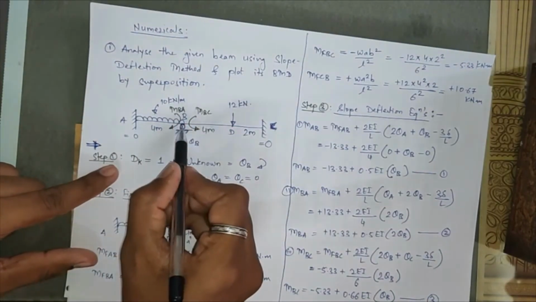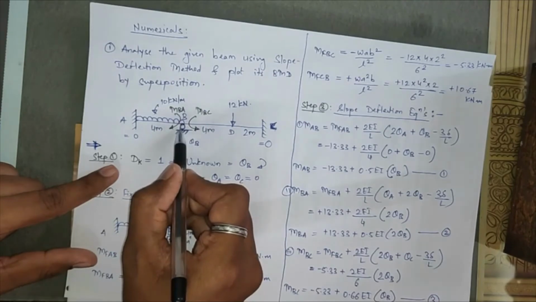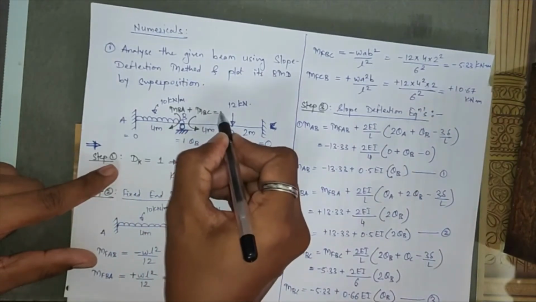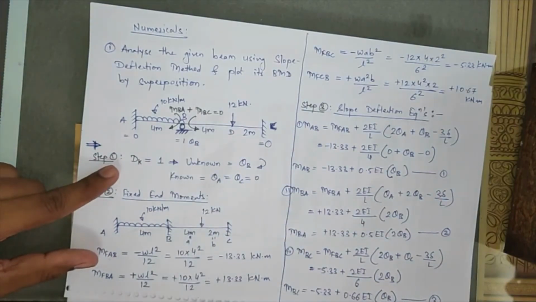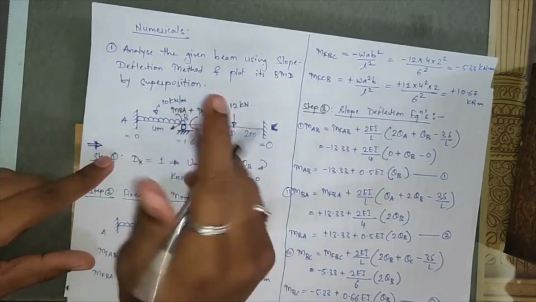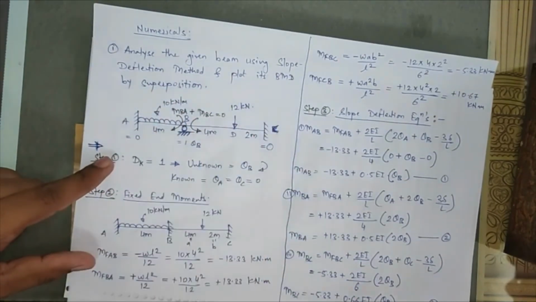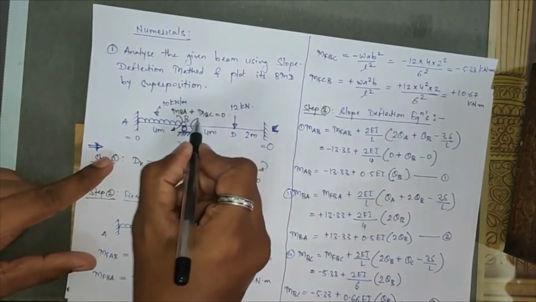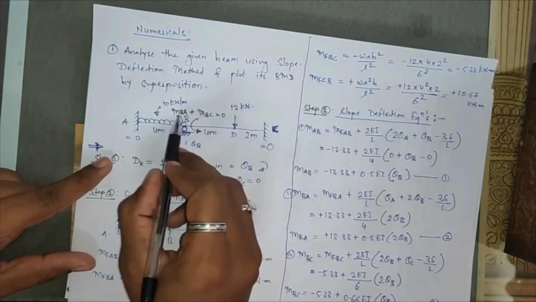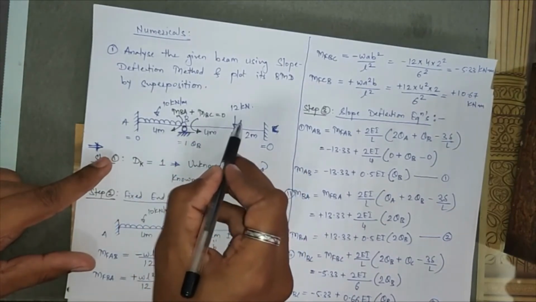So to keep this joint in completely equilibrium condition, what must happen? The summation of these two moments shall be equal to 0. Or the second condition: these two moments must have the same value, but their acting nature must be opposite to each other. That is, if I solve this and take MBC to the right hand side, we get MBA equal to minus of MBC.